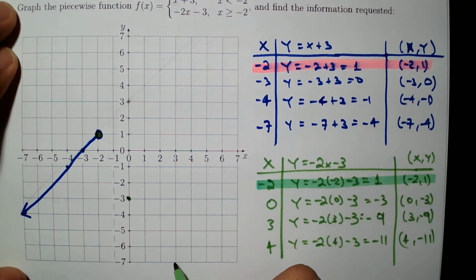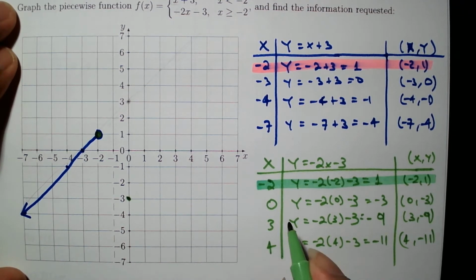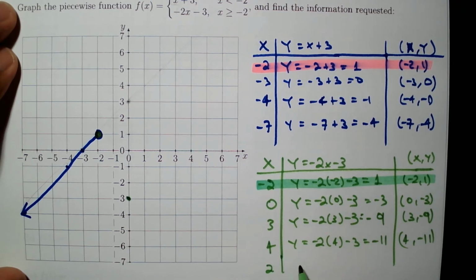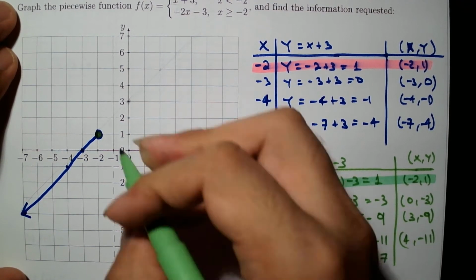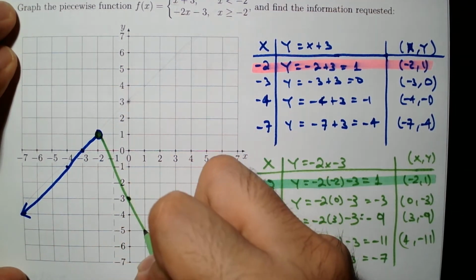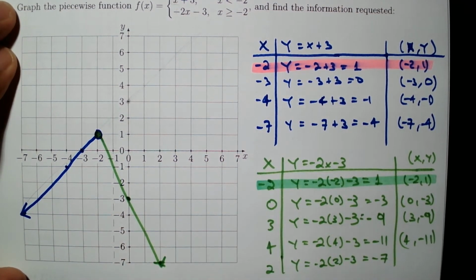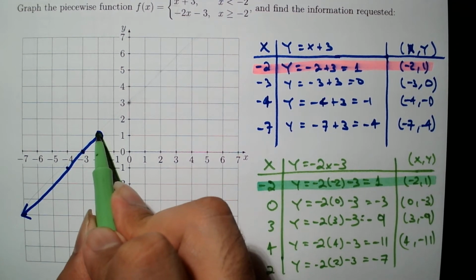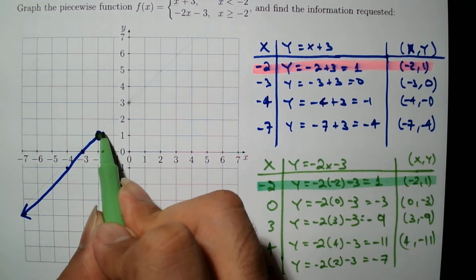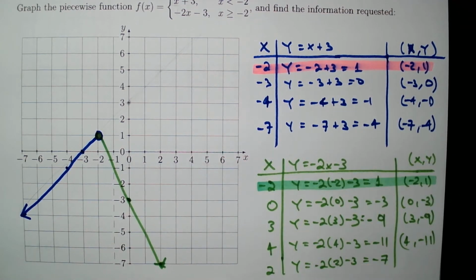Well, in fact, it would be maybe somewhere here. Let me do, instead of 0, how about 2? y equals negative 2 times 2 minus 3, that's going to be negative 7 actually. And then just connect the dots. So this solid point fills in the open bubble from the previous part.